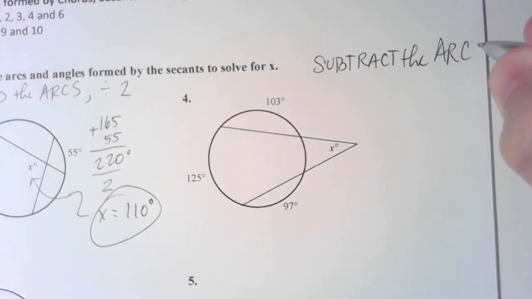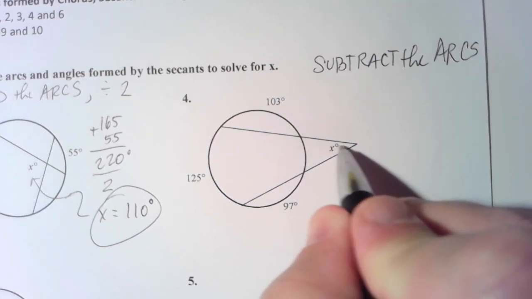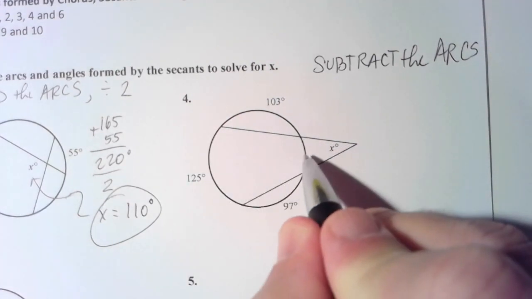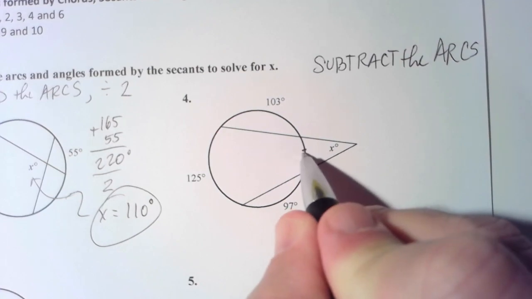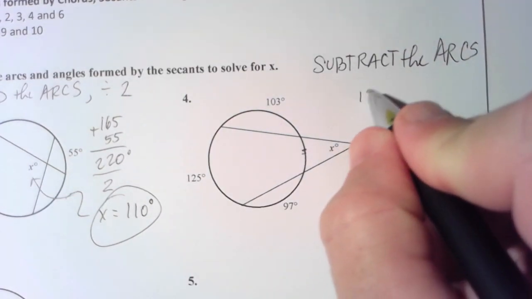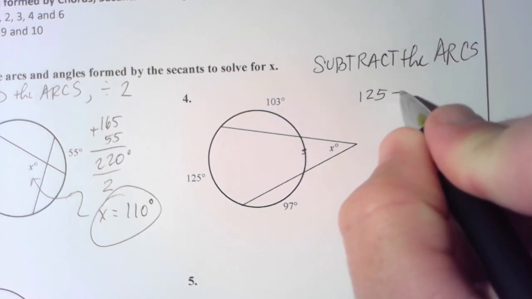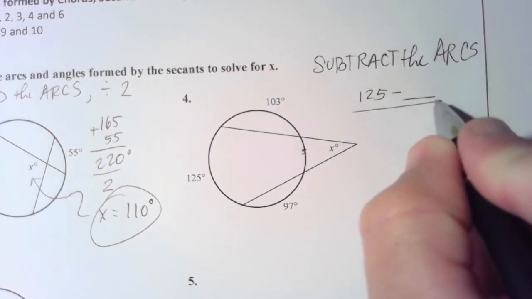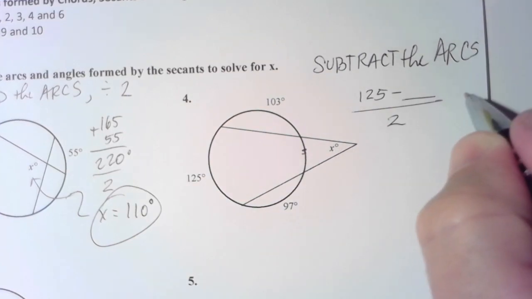You need to subtract the two arcs that are being captured by this angle. And you may notice that this arc is missing. So we have 125 minus something, divided by 2, will equal x.